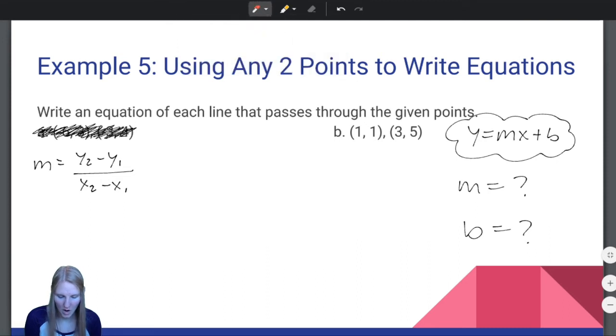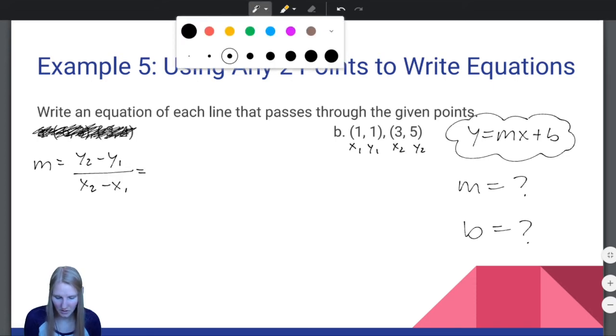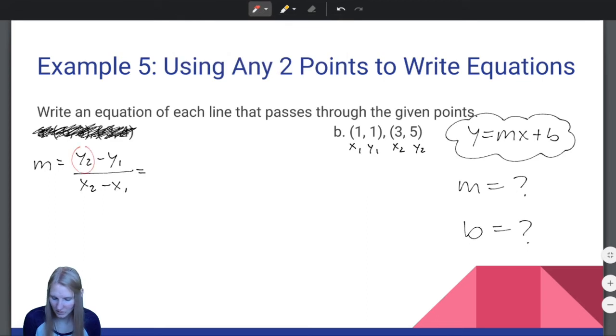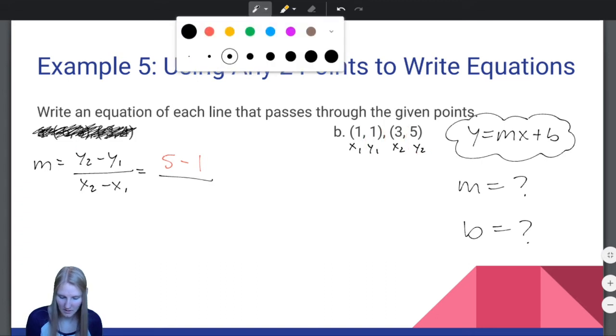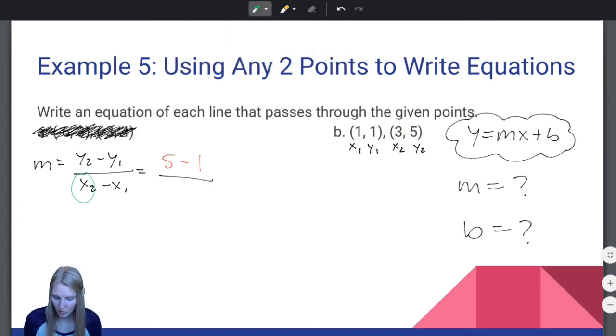All right, we have x1, y1, x2, y2. So y2 is 5 minus y1 is 1, divided by x2, which is 3, minus x1, which is 1.